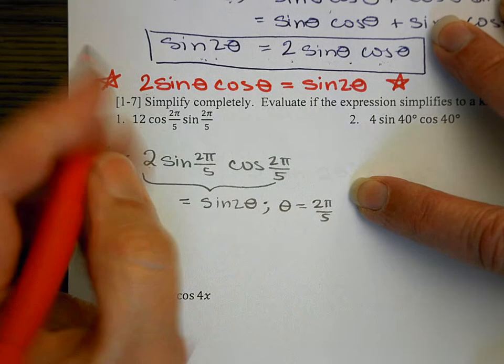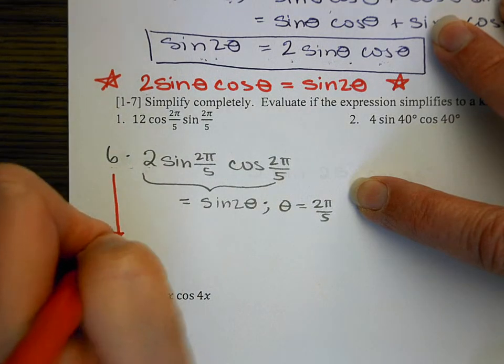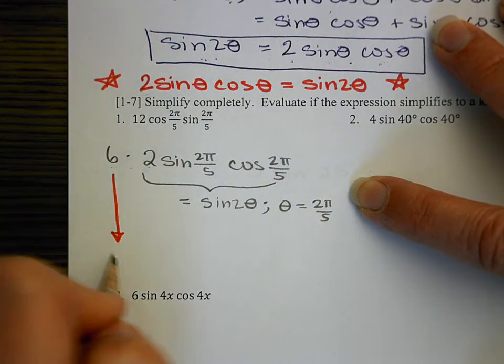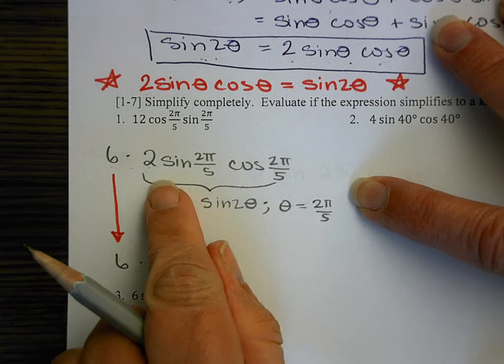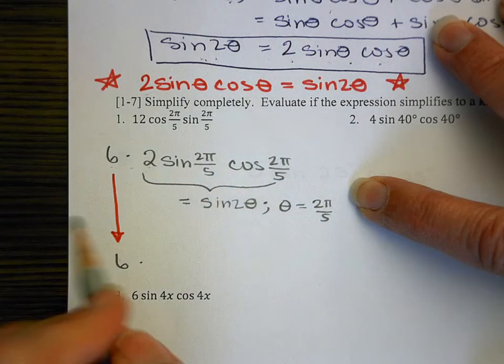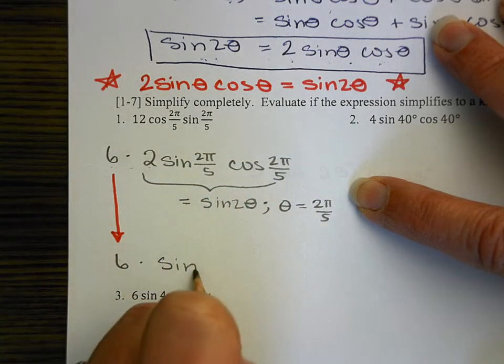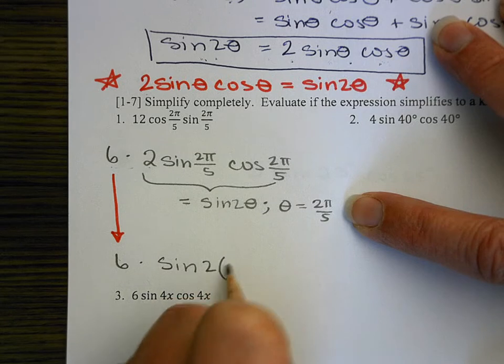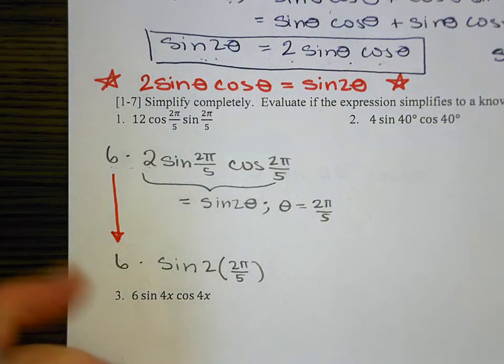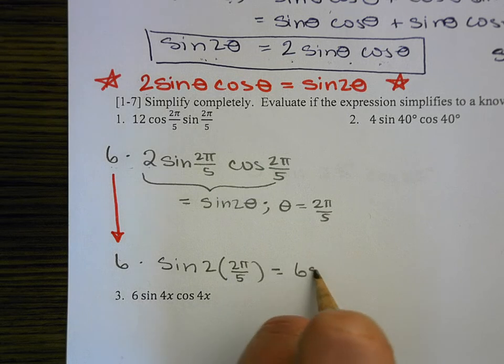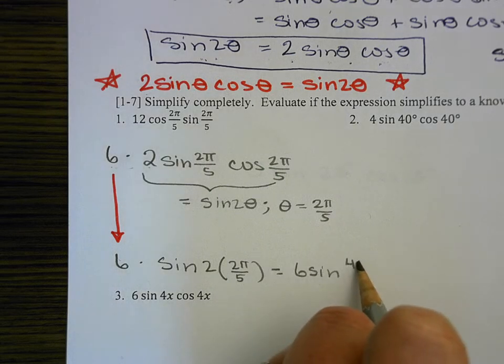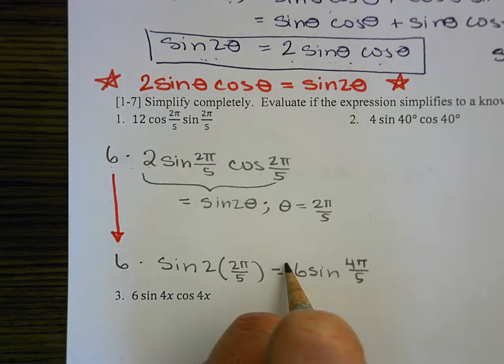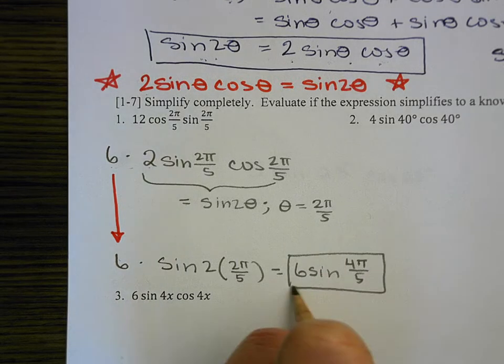I still have that 6, so that 6 comes right down. Then I use the identity, so all of this is replaced with sine of 2 times theta, which is just equal to 6 sine of 4 pi over 5.